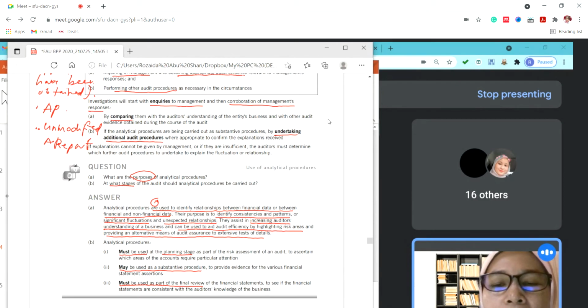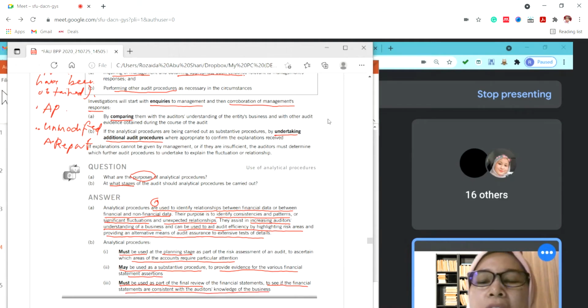During the planning stage, it is part of the risk assessment to ascertain which areas of the accounts require particular attention. At the substantive stage, it provides evidence for the various financial statement assertions. At the final review, it checks if the financial statements are consistent with the auditor's knowledge of the business.